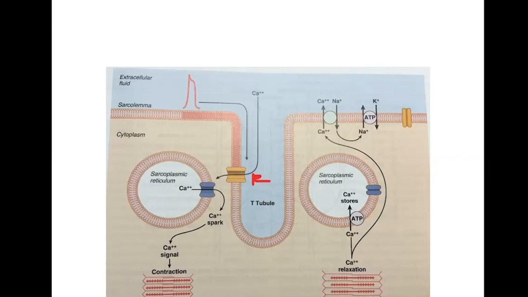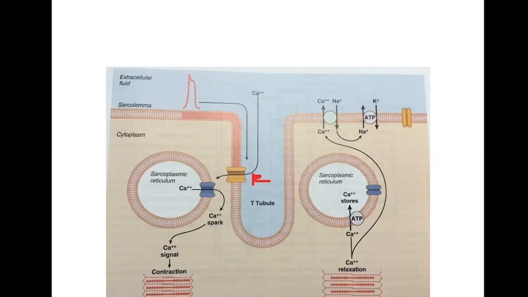The calcium that moves inward actually is what causes the release of calcium from the SR. So this is the first difference here. It is the movement of the calcium inward. That calcium is necessary in order to cause the release of calcium from the SR.